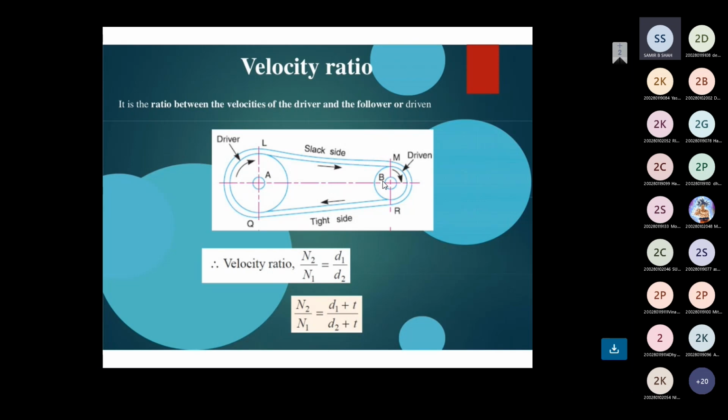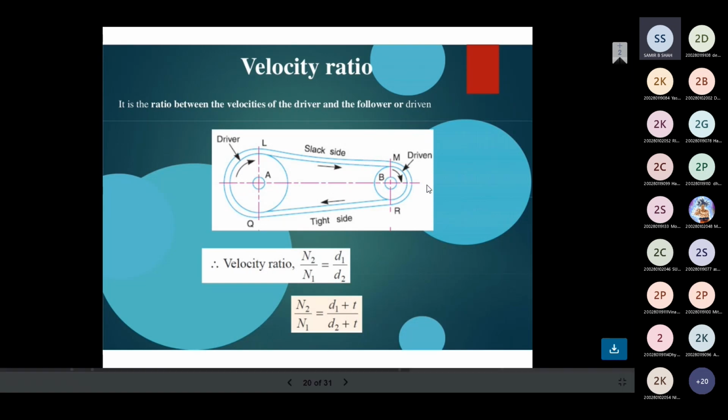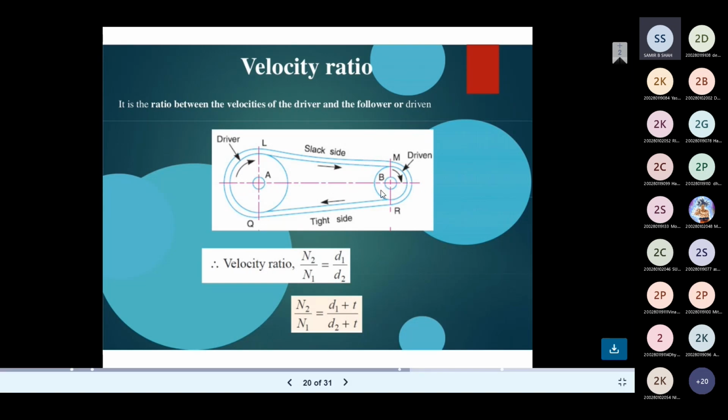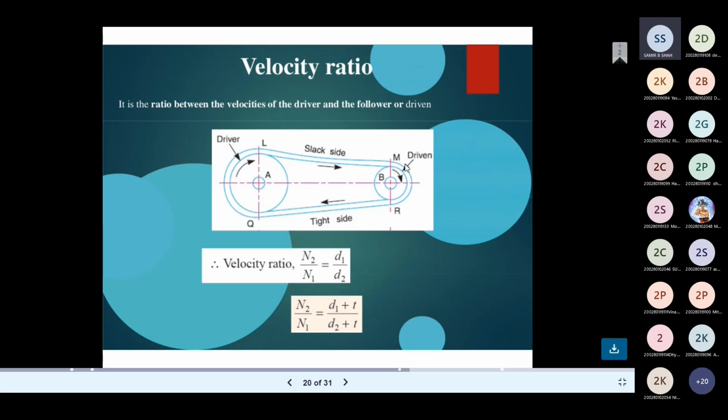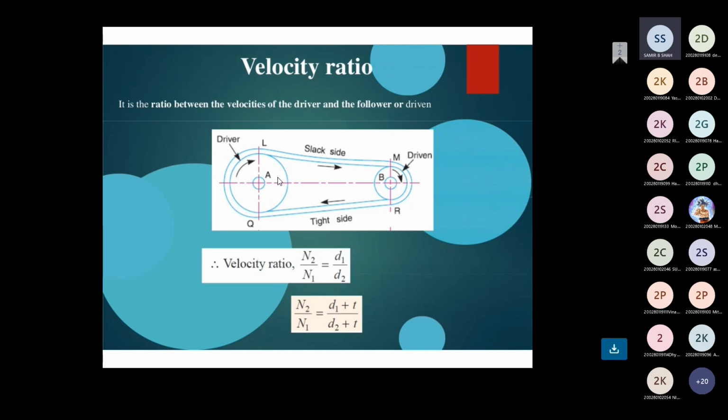So the peripheral velocity of the driving pulley and driven pulley are considered equal. We know the equation very well, that is pi d1 n1, which is the velocity of the driver pulley, and pi d2 n2, the velocity of the driven pulley. So pi d1 n1 is equal to pi d2 n2.